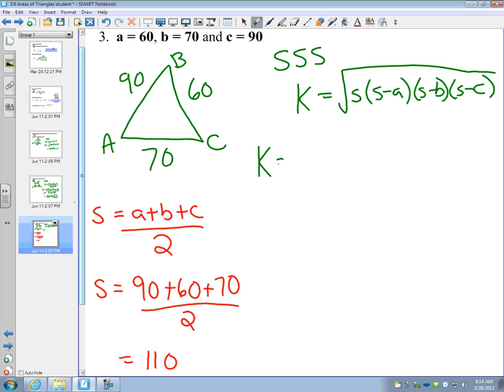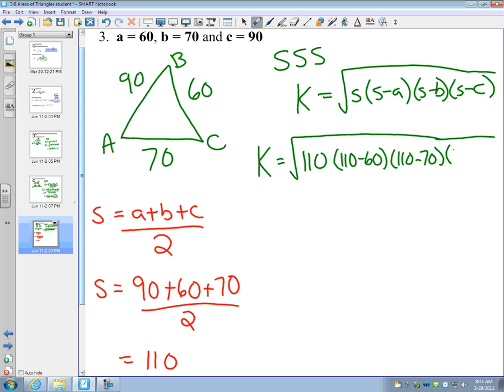K is equal to the square root of 110 times 110 minus A, so 110 minus 60, times 110 minus B, which is 70, times 110 minus C, which is 90.